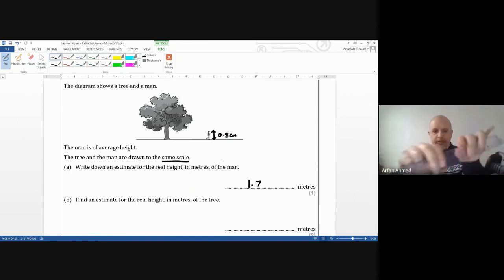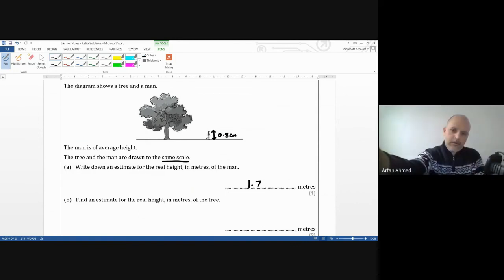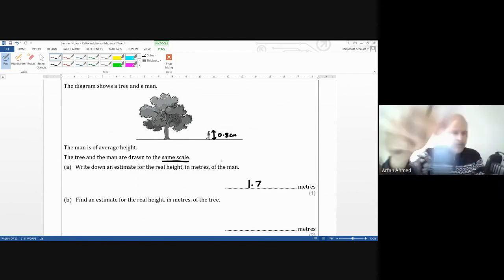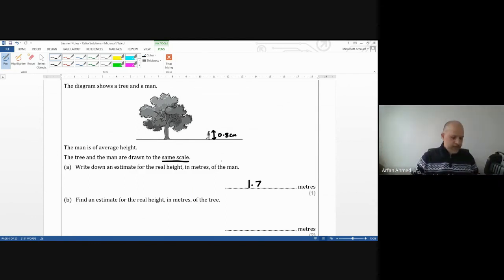Let me try it on that side for that. What's it going to be for that? I'm getting about 4.2 centimeters for the tree. So obviously yours is going to be slightly different as well.